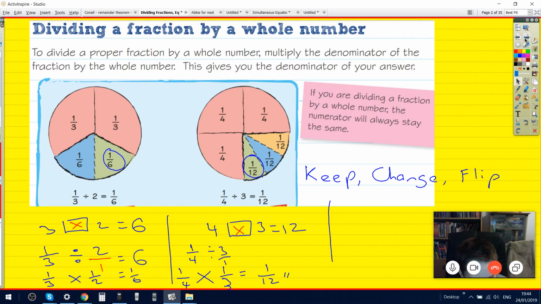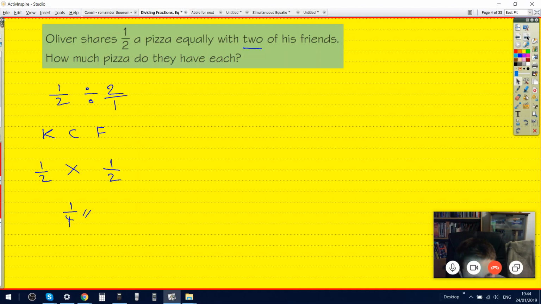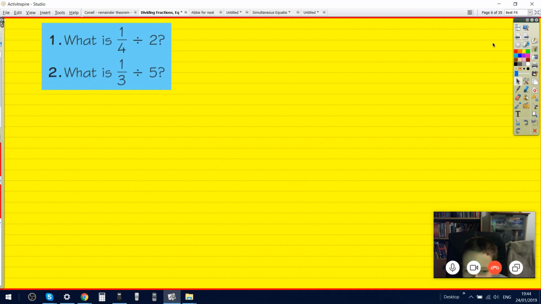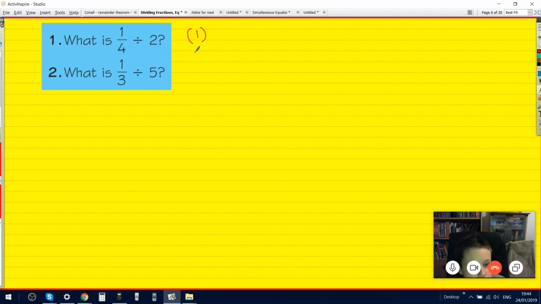Okay. So how would you do these two? The first one is, what is 1/4 divided by 2? I think one of the simplest ways to do it is the flip, change, keep method.